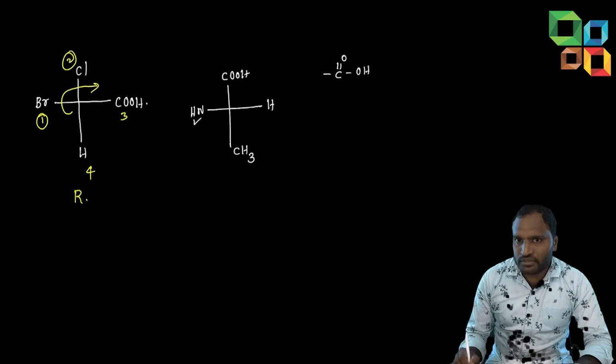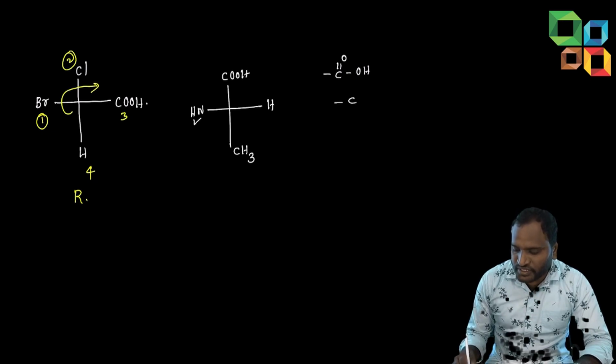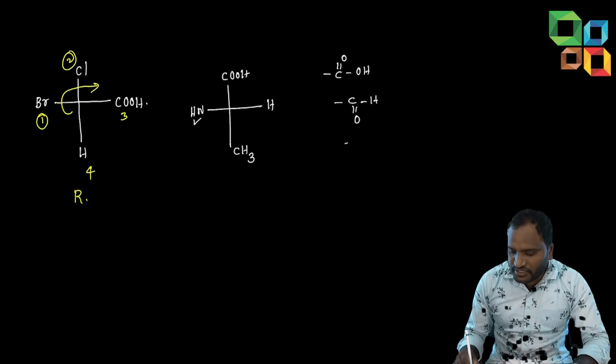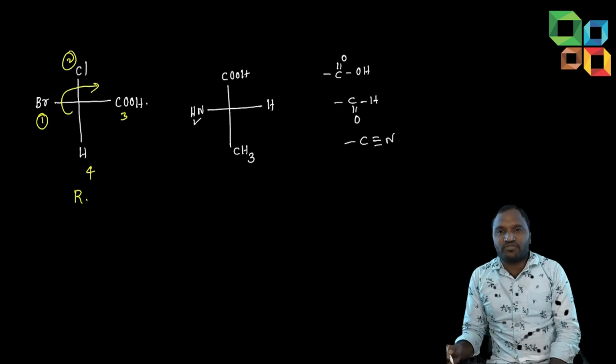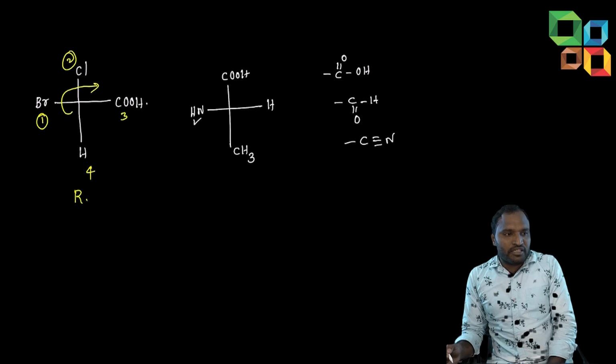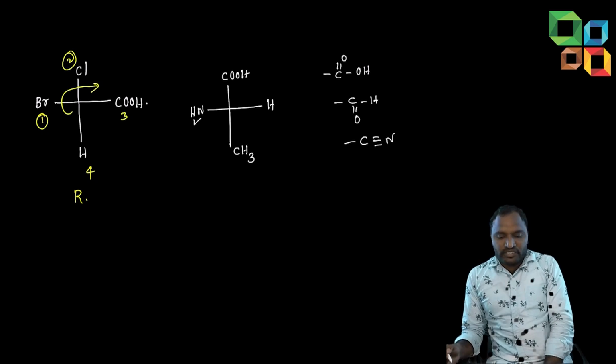COOH. CHO means like this it is. CN means like this it is. In all these things I explained in EZ configuration. Once you revise, if you get the grip, you can do it better.